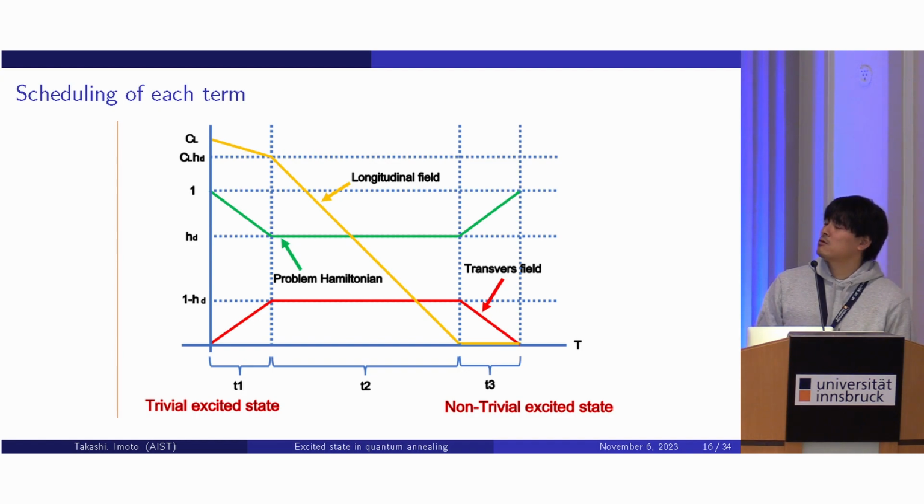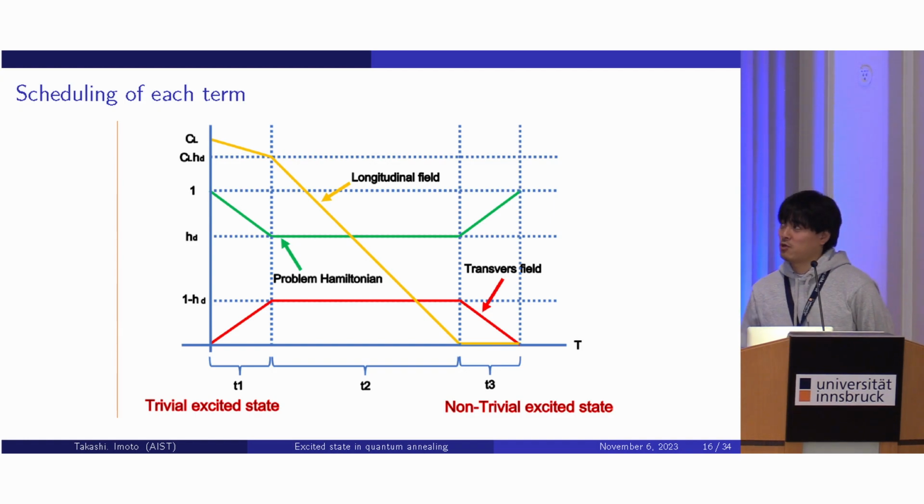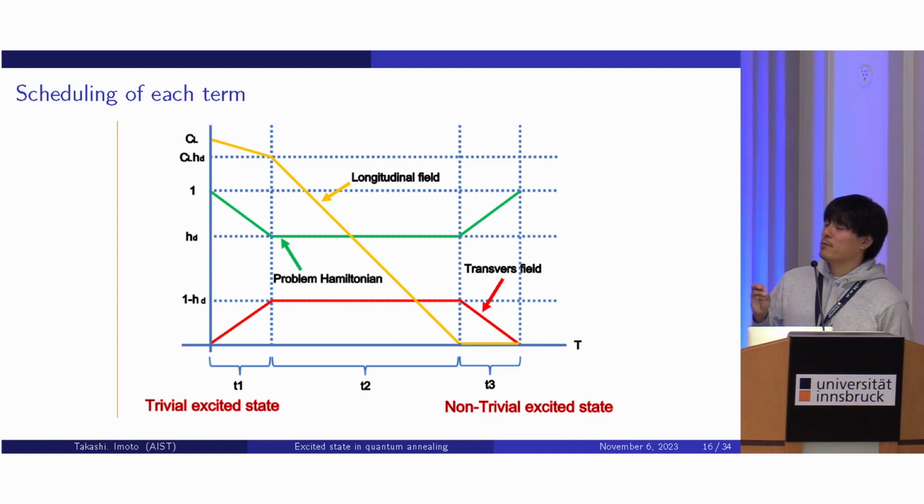Next, at time t equals t1, we consider the problem Hamiltonian with the longitudinal magnetic field and the transverse magnetic field.